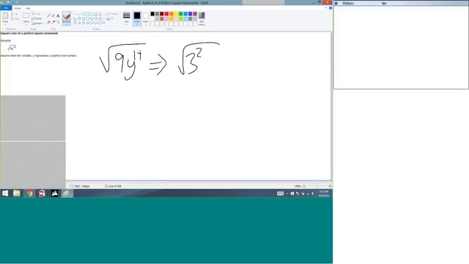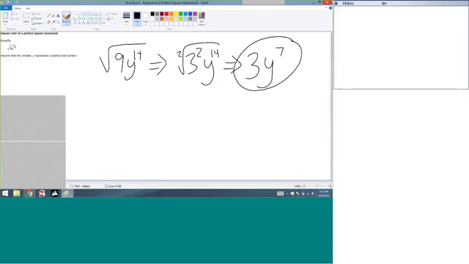If not, you can show this step. 9 can be rewritten as 3 to the 2nd, and we have y to the 14th. So with that being square root, 2 goes into that 2 once, so we only get a single 3 out, and 2 goes into that 14 7 times. So that would be that answer.